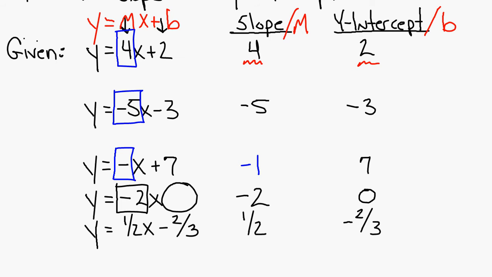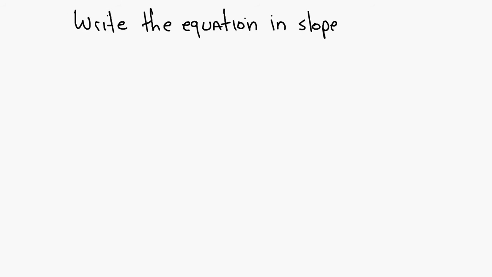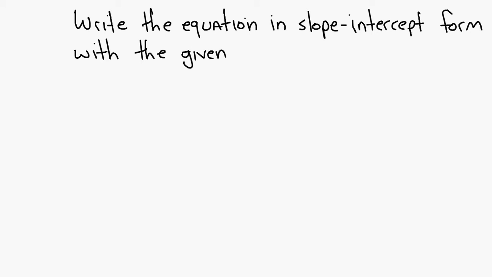So here, second part of the assignment is to write the equation in slope-intercept form with the given slope, m, and y-intercept, b.